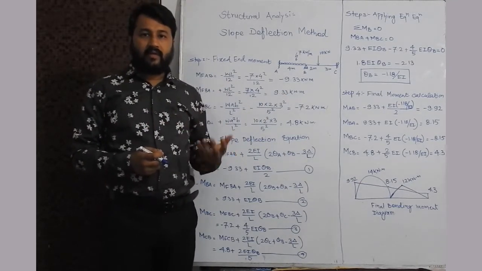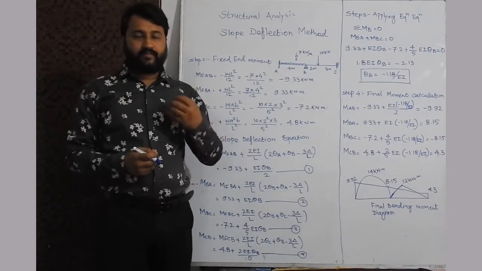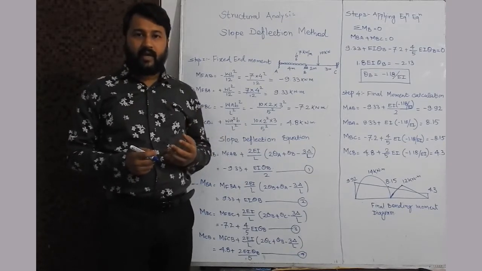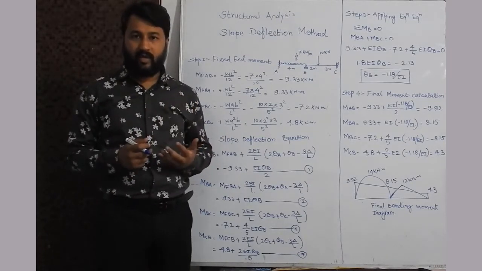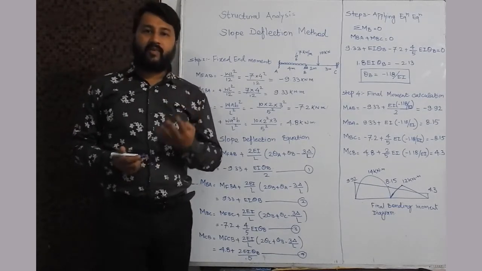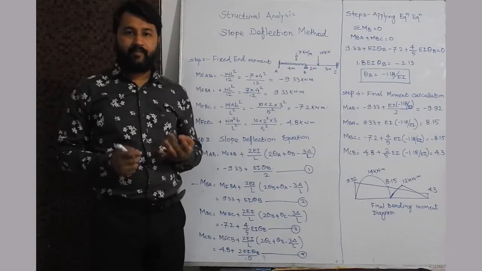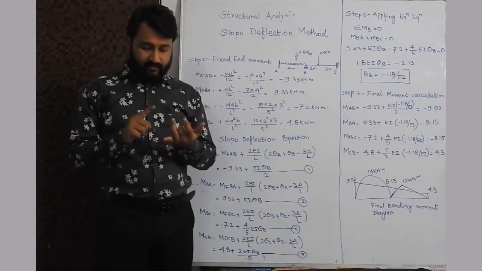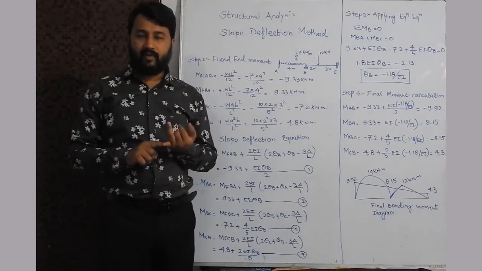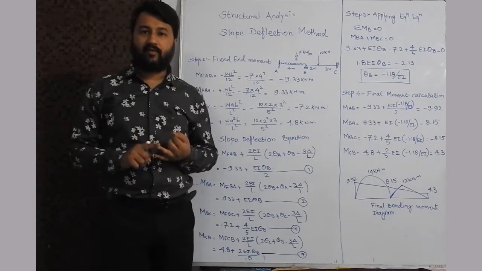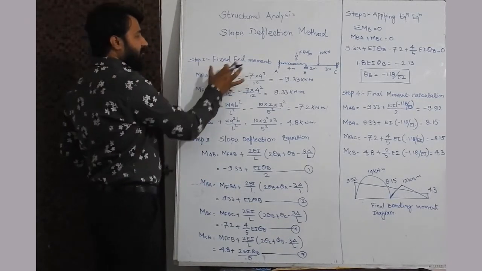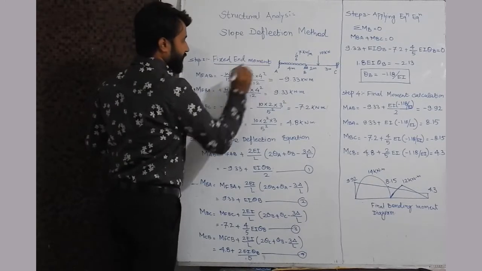To determine those theta and del values, we apply the equilibrium equation in the third step, and by putting those known values into the second equation we finally get the final moment. So there are four basic steps: fixed moment, slope deflection equation, application of the equilibrium equation, and calculation of the final moment. So let's begin with the first step, that is fixed moment.